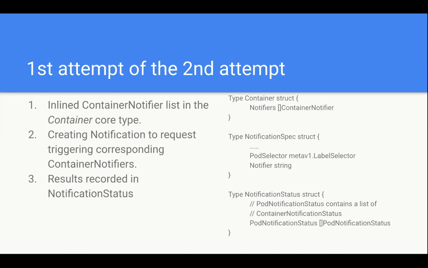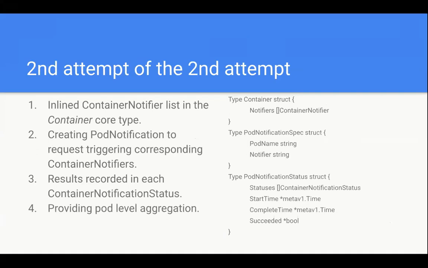First of all, the command has to be executed against a specific container, right? So defining the notifiers at the container level makes sense. Yes. So your question is whether the notification should also be at the container level, or at the pod level?